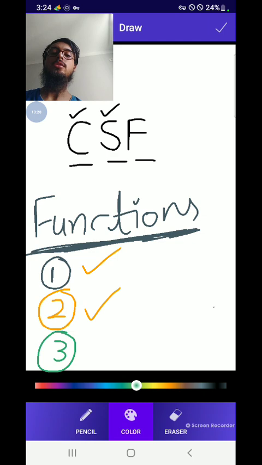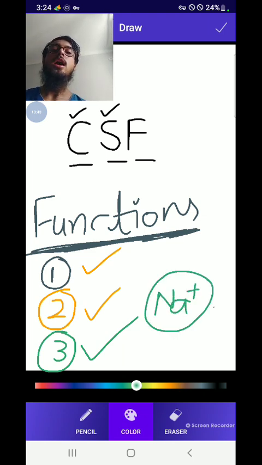So guys, one last thing: the amount of sodium in the cerebrospinal fluid is higher than the potassium. The amount of sodium is high and the amount of potassium is not significantly low, but low.